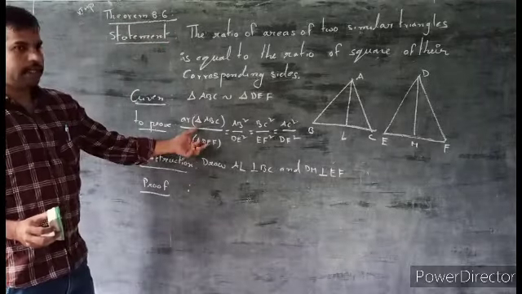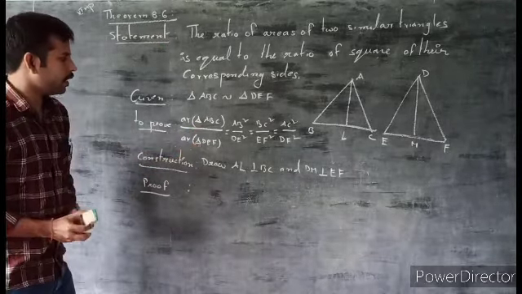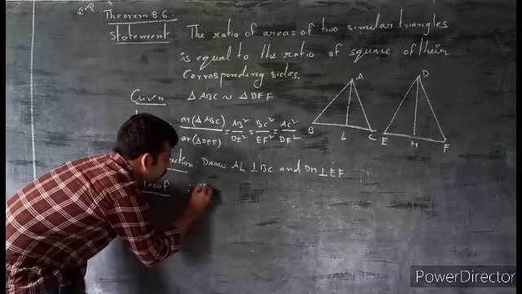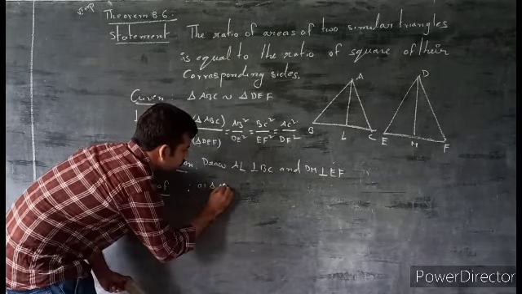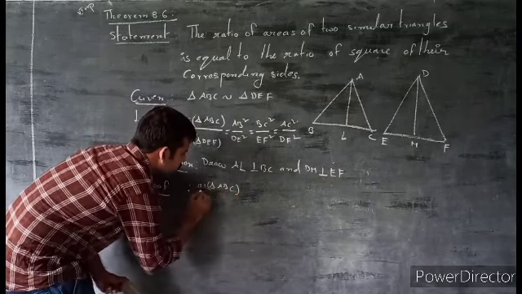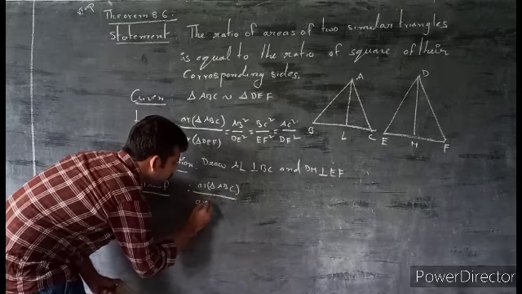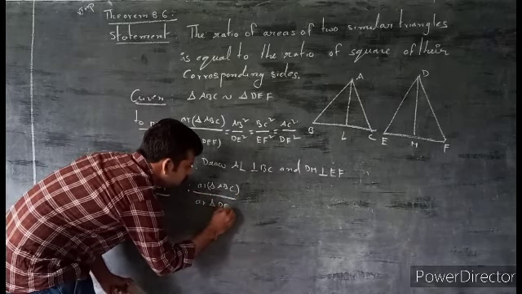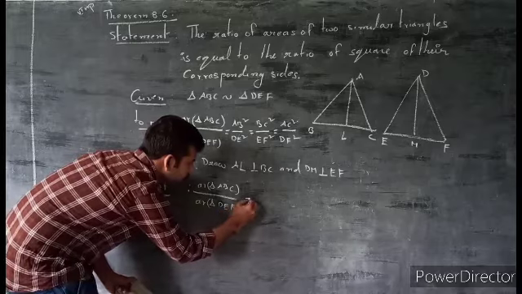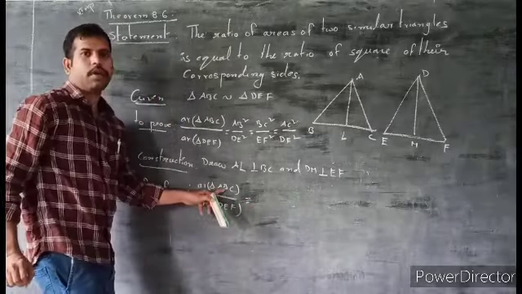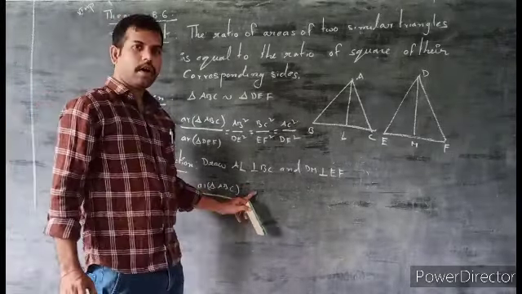First, take the LHS value: area of triangle ABC by area of triangle DEF. The area of a triangle is half into base into height.